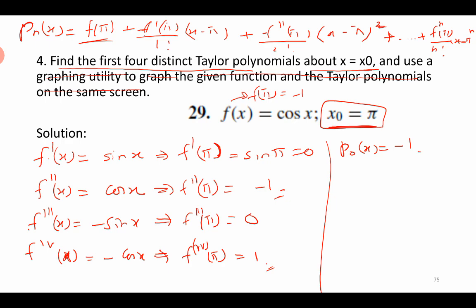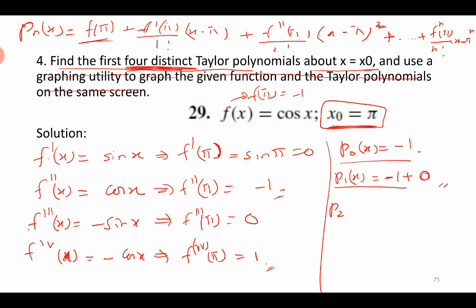So the first term of p1 of x is -1, and the second term, the derivative at pi, is 0. So p1 of x is again -1. So you are getting the same polynomial. See, we are asked to find 4 distinct polynomials. That's the highlight. So these two polynomials are the same. They are repeating, so not distinct. So p0 and p1 are the same.